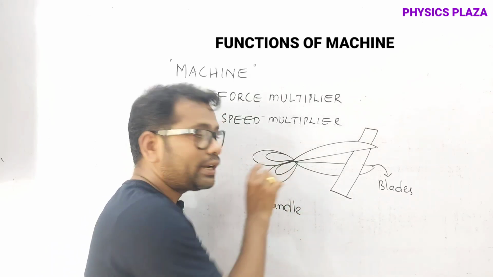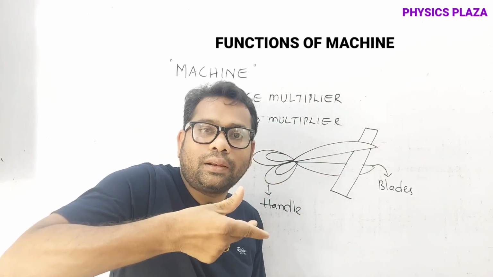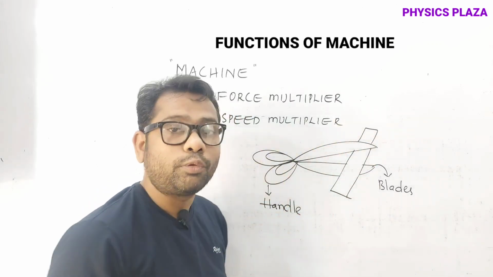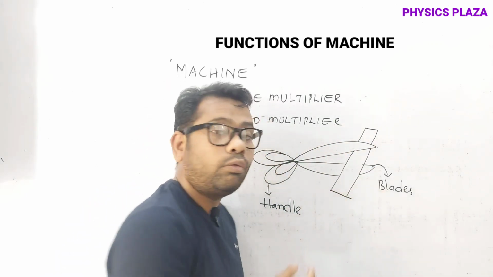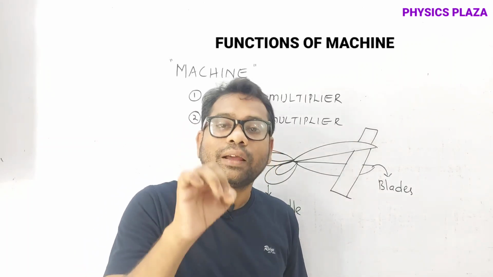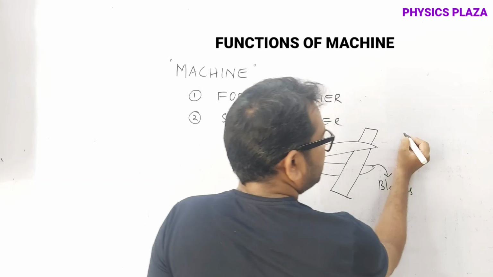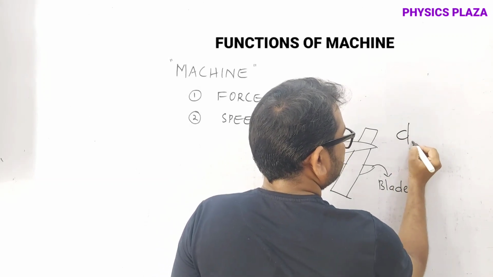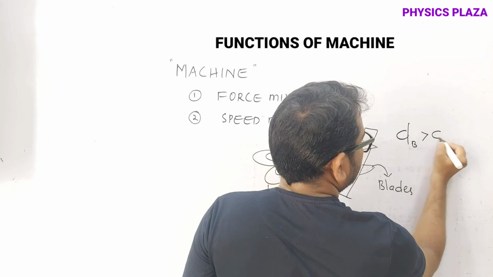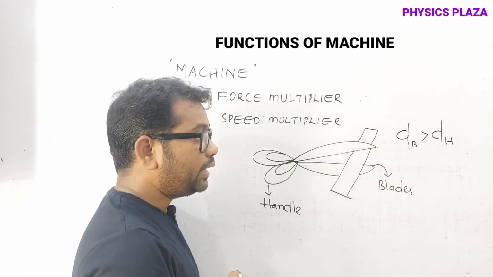And children, in a given time, the moment you try to move this handle, obviously the blades also will move. But what we will notice is that the blades will move more than the handle. I mean, the distance covered by the blade is greater than the distance covered by the handle in the same given time.